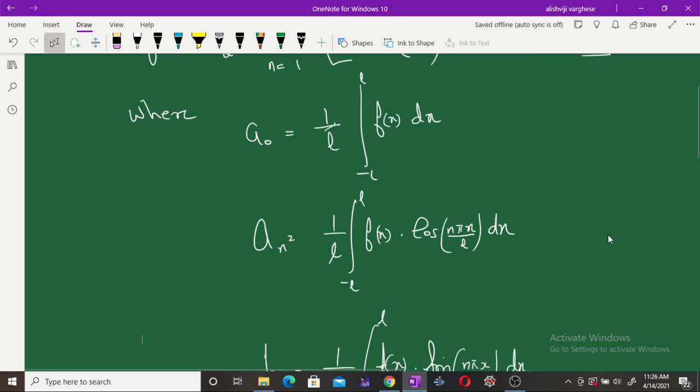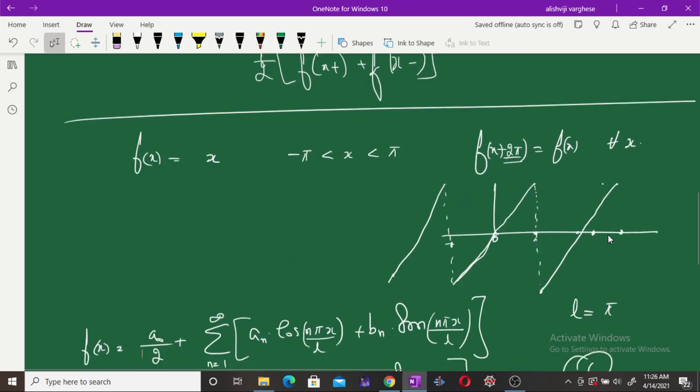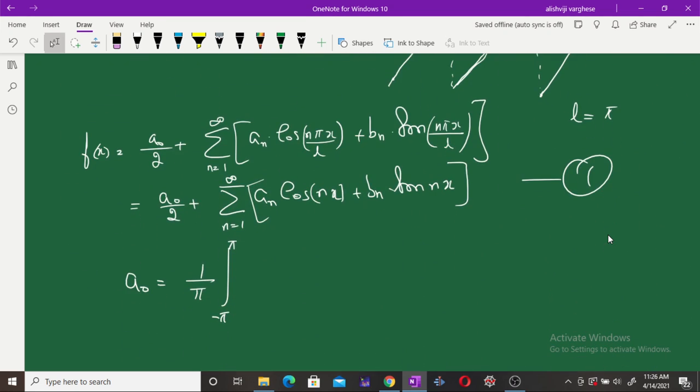So integral minus L to L f of x dx, so integral of x dx, and that is equal to, either we can integrate using the formula, integral of x is x square by 2 in between minus pi and plus pi, that is pi square by 2 minus pi square by 2, which is equal to 0.